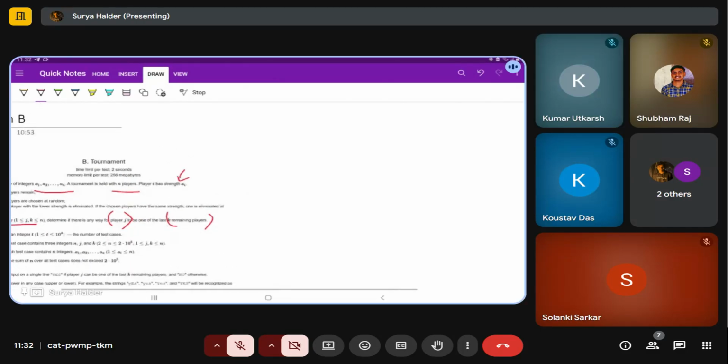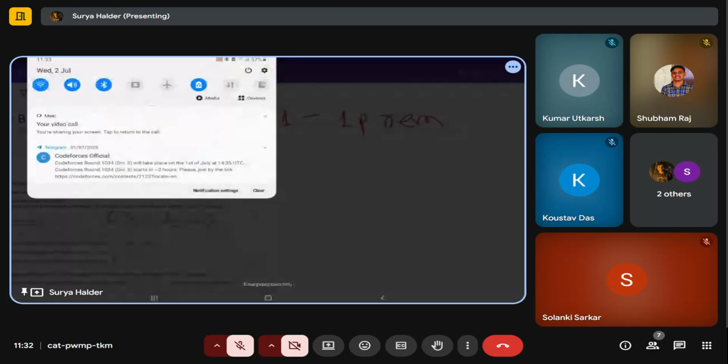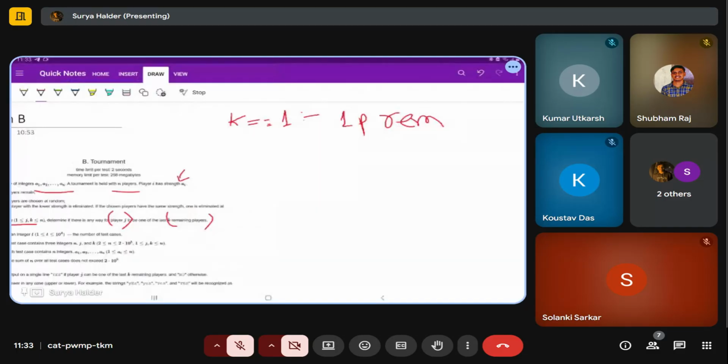Yes, correct. We can break this question into two cases. One is the case where k is equal to 1. When k is equal to 1, only one person will remain.